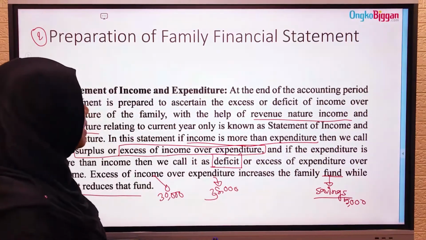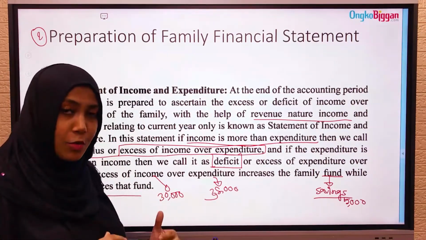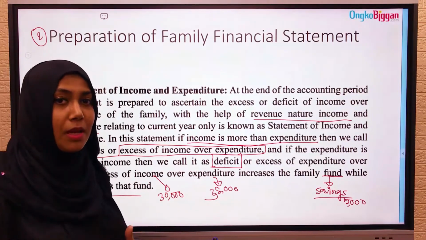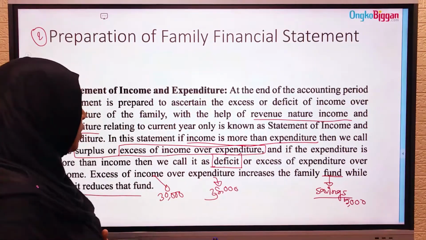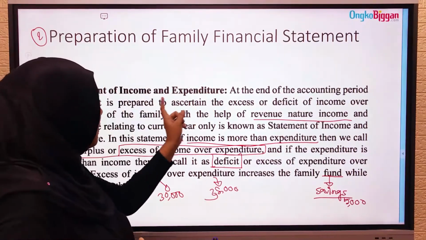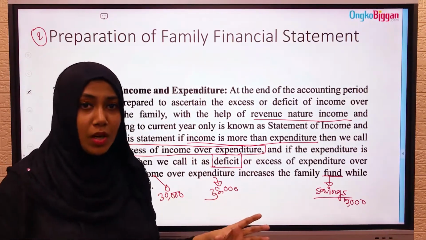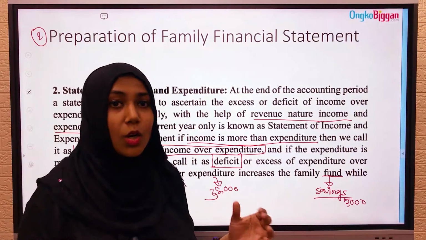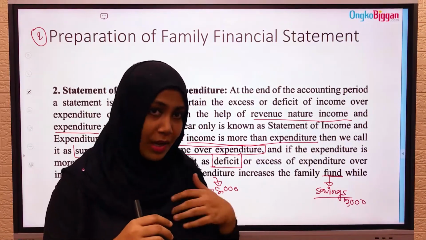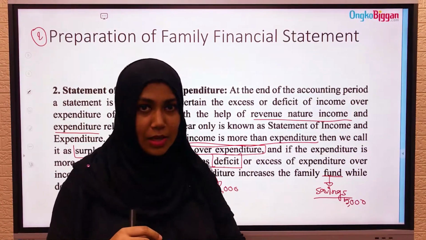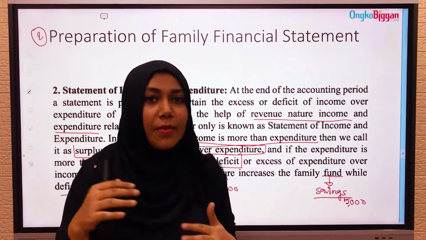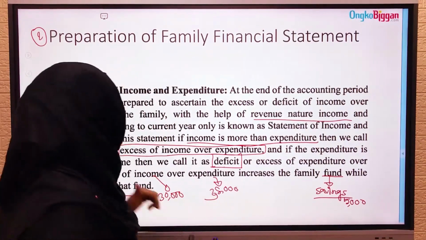So that's the reason we have to be very cautious while making the financial budget. And that's the reason this income and expenditure statement is important, to know at the end of the day or year whether I am in surplus or in deficit. If I'm in surplus, then that's fine, but if I'm in deficit, then that's going to be a problem.